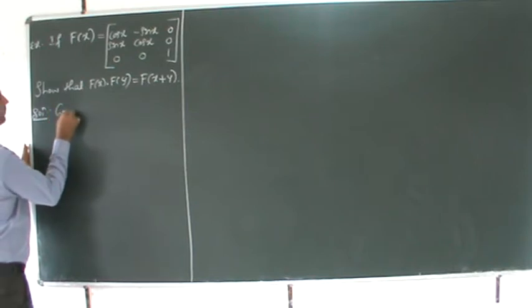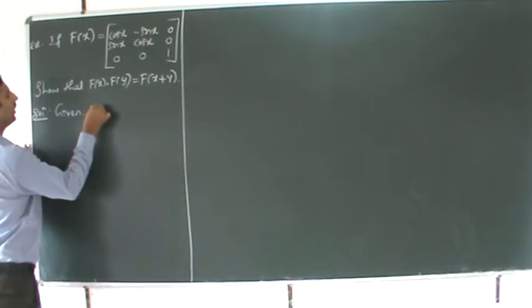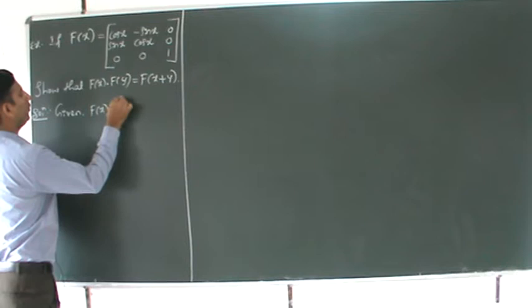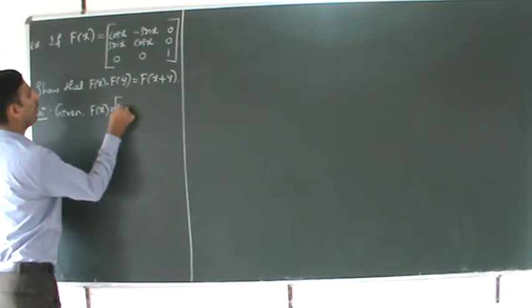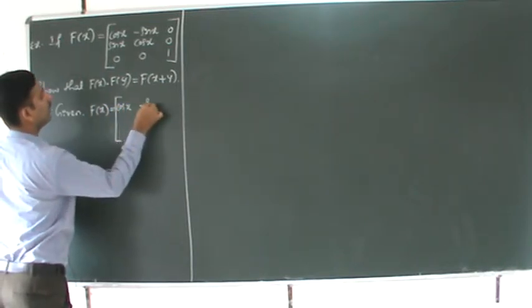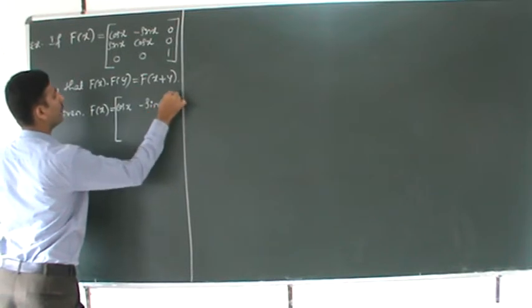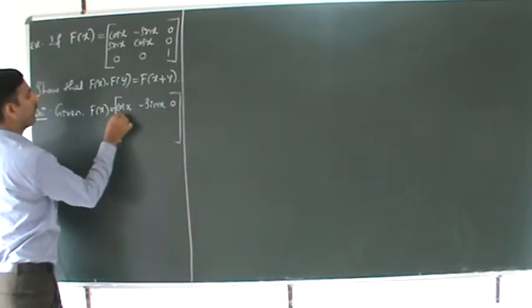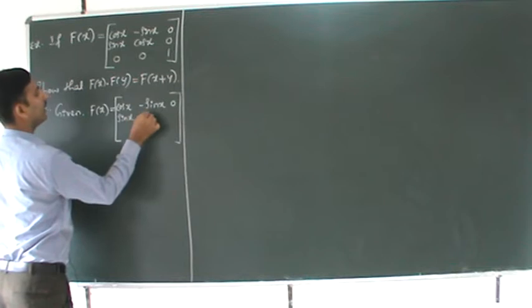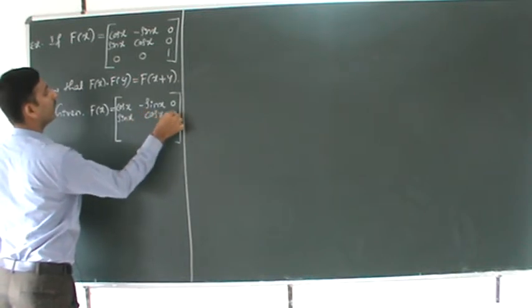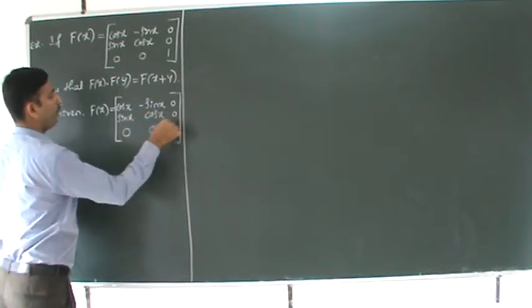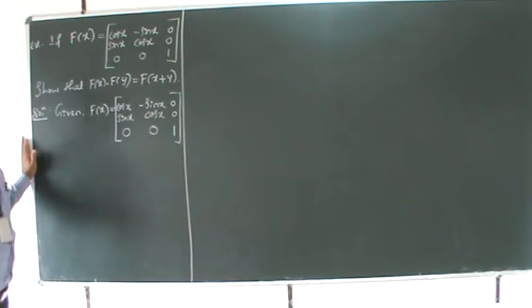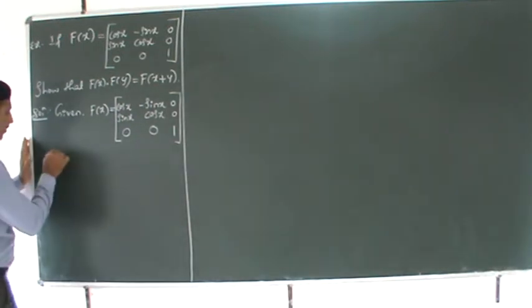Given f of x is equal to cos x minus sin x 0, sin x cos x 0, 0 0 1, the given matrix, which is f of x.